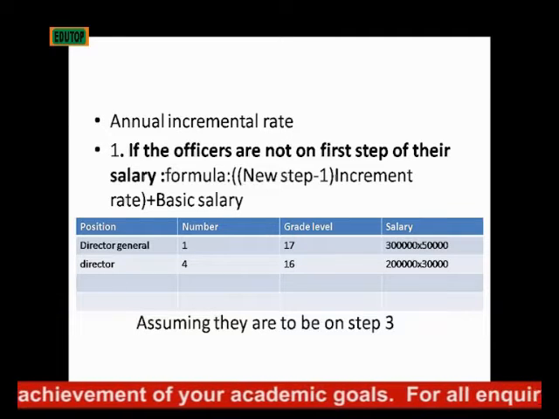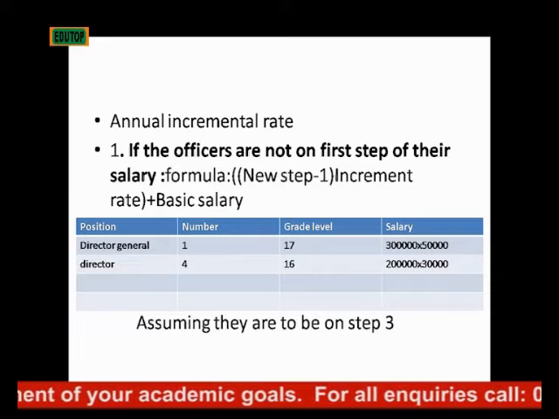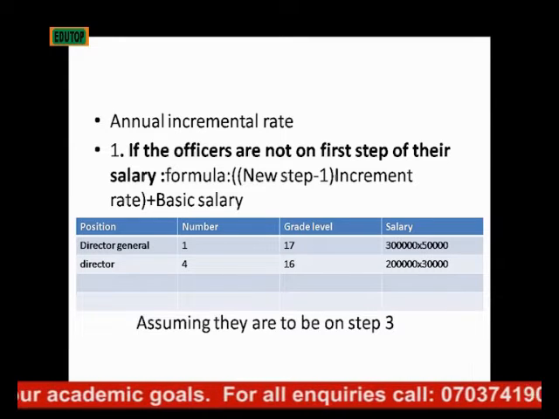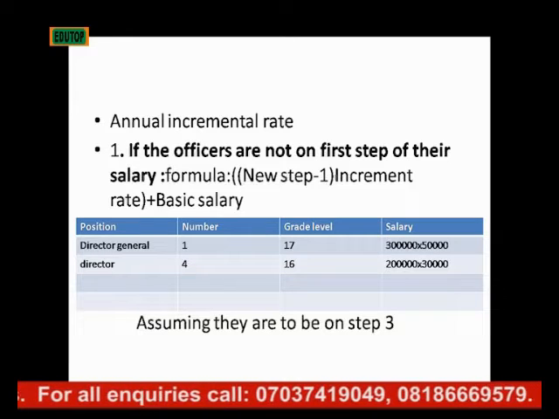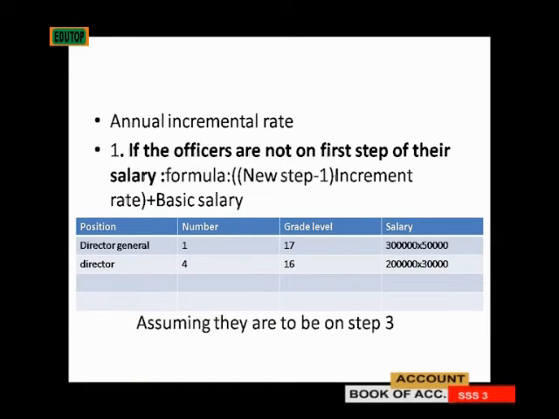For example, you are in level 9 and you are promoted to level 10, you may be asked to start from step 5 or step 6, depending on the ministry. So if the officers are not on the first step, that means when they are given promotion, they are not told to start with step 1. It will be given in the question.